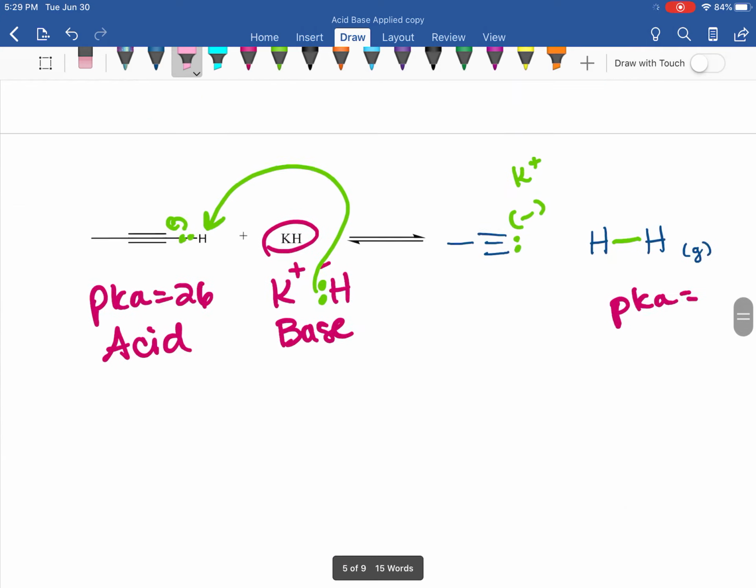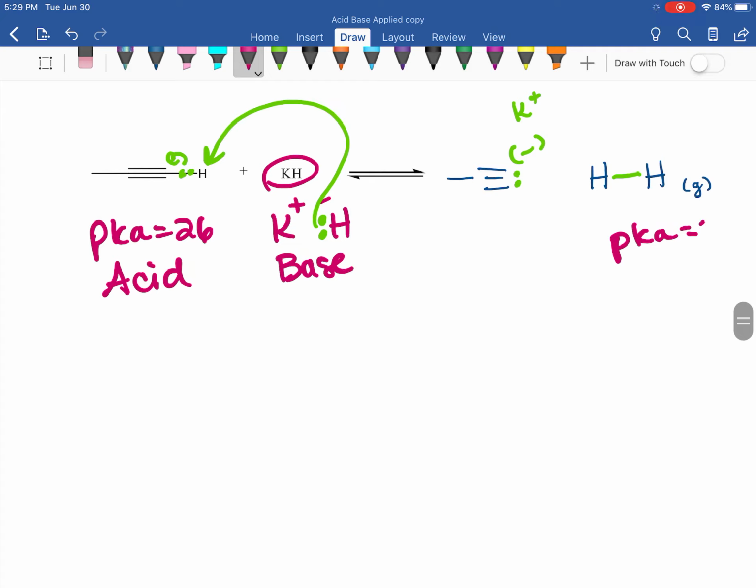All right, so our base just made a conjugate acid with a pKa of 35. So which way is this equilibrium gonna go? Toward the higher pKa. So this reaction just got even better.